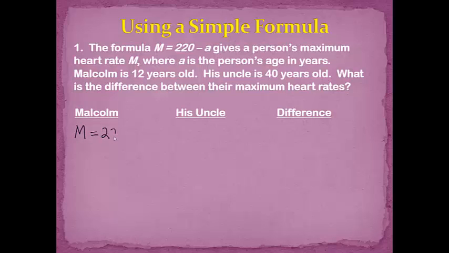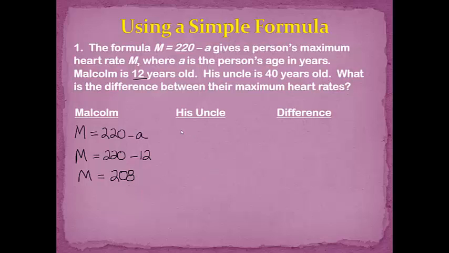So our formula for Malcolm is going to be m equals 220 minus a. A stands for the person's age in years, and Malcolm is 12 years old. So m is going to equal 220 minus 12. And when we solve this, 220 minus 12 is 208. So Malcolm's maximum heart rate is 208.